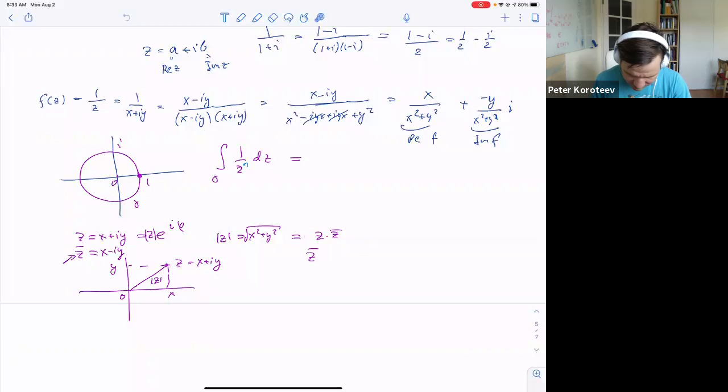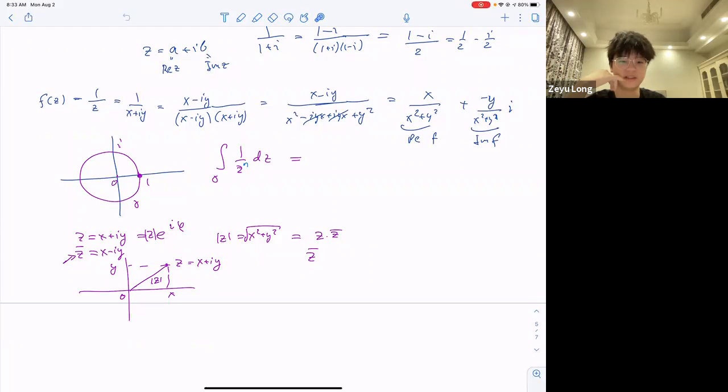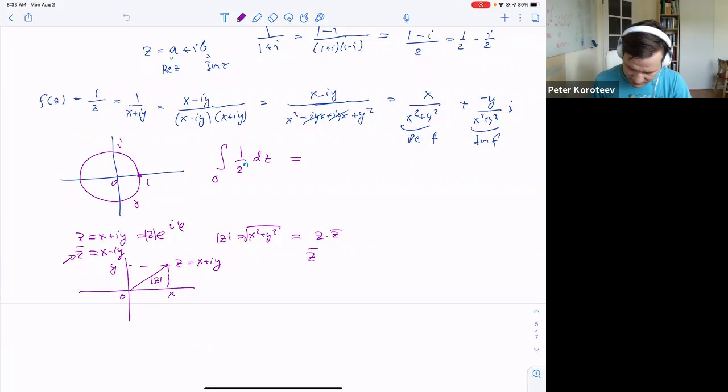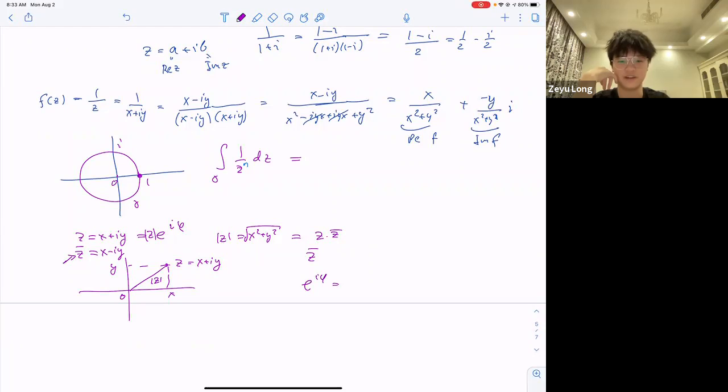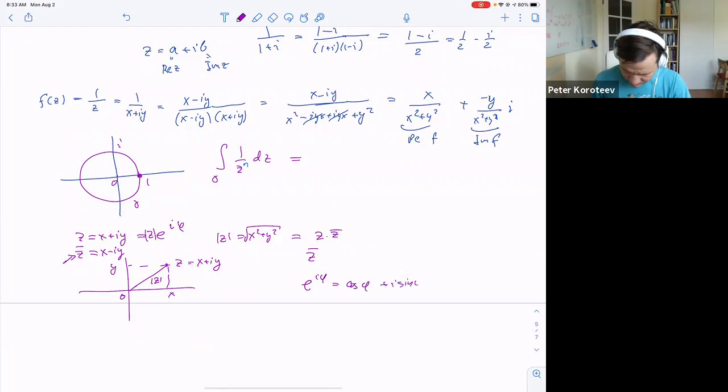Maybe somebody can tell me, why is this representation legitimate? Why is this equal to that? Maybe it's like the Euler formula. Right, good. Which says that e to the i phi is equal to what? Cosine phi plus i sine phi. Good.